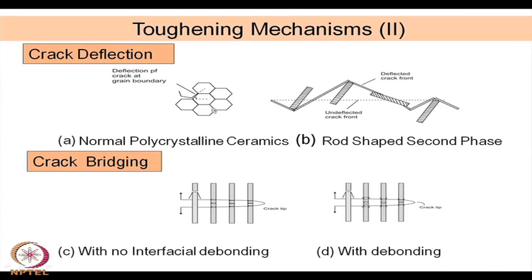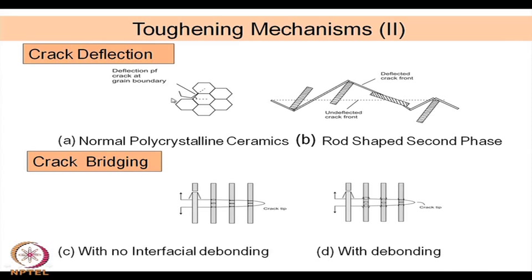So, in this case, if you have a large-grain polycrystalline material, a crack has been generated between the grains, it is a grain boundary crack, and this crack cannot move across the other grain. It has to follow the boundary, assuming that the grain boundary region is weaker than the internal grains.